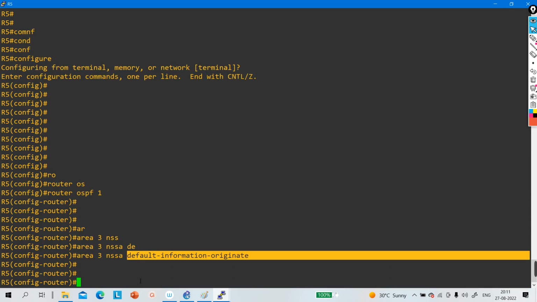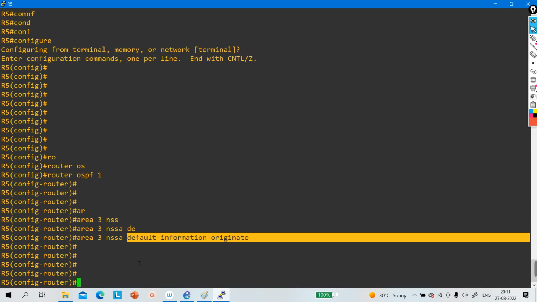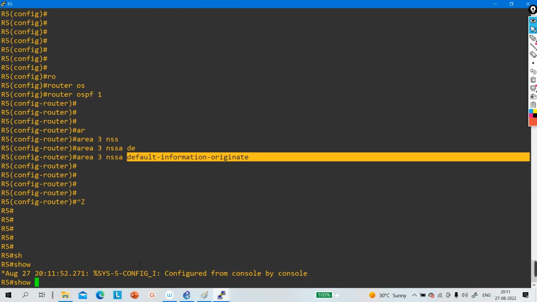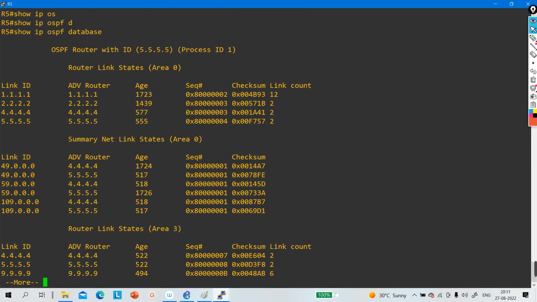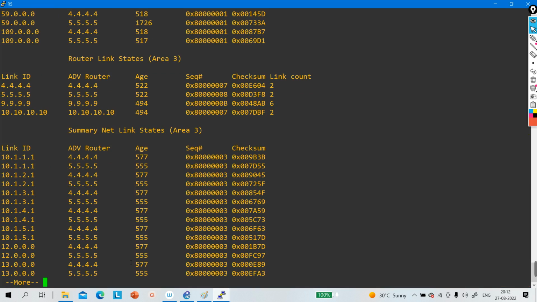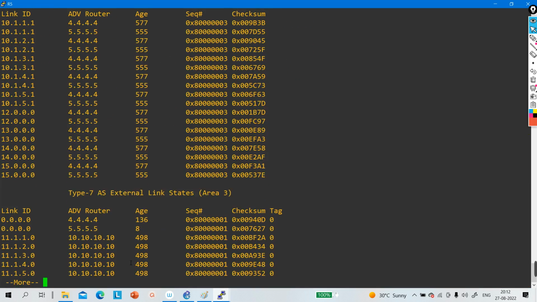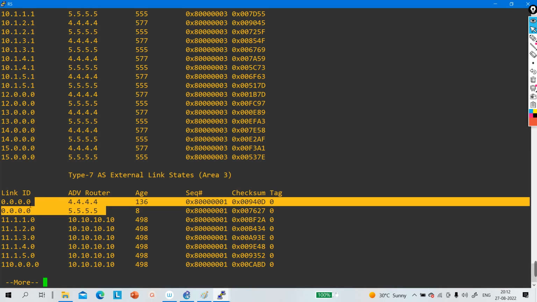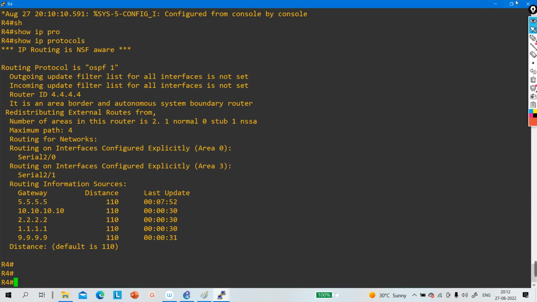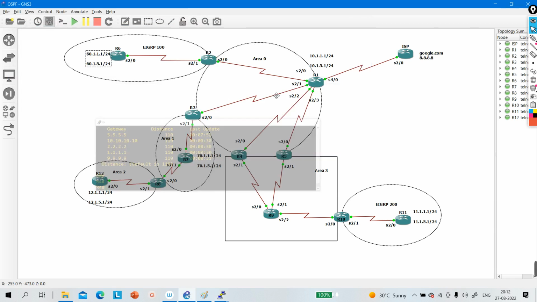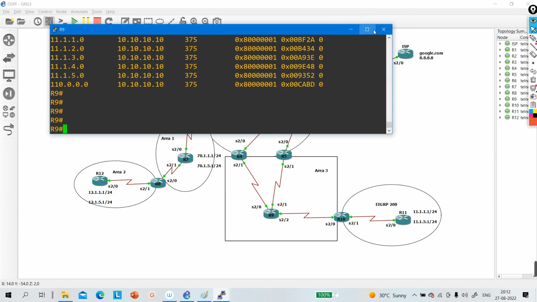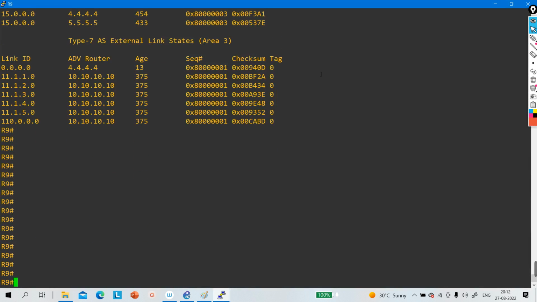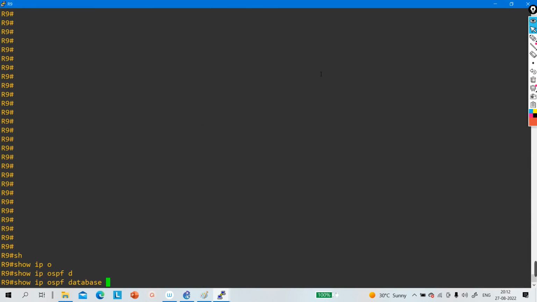Okay, so once I run this command, this router will also generate what? A default route in the form of LSA 7. So IP OSPF database, you can see LSA 7, right? So now both routers are generating a default route. Now router 9 will receive the default route in the form of LSA 7 from router 4 and router 5. So IP OSPF database.